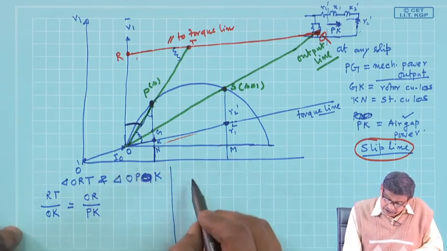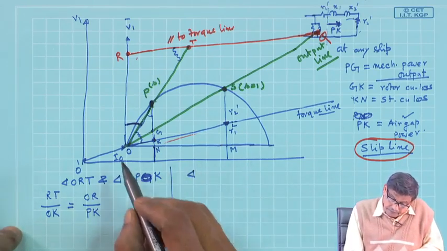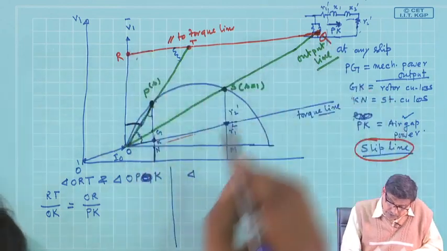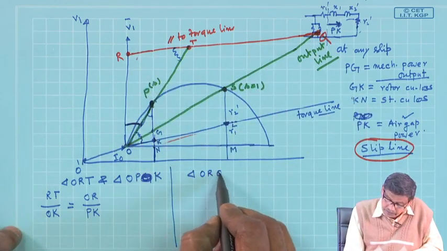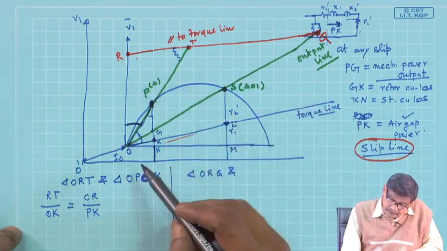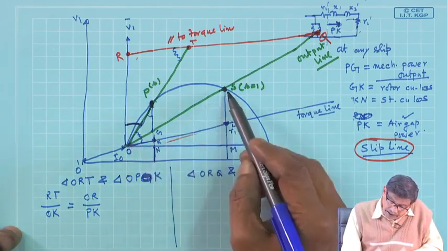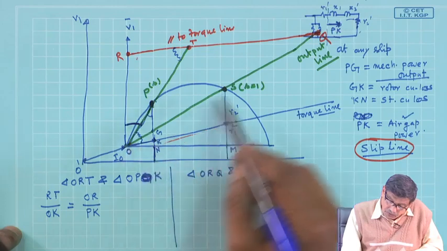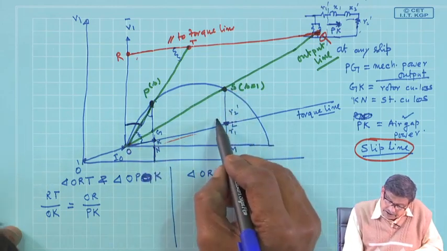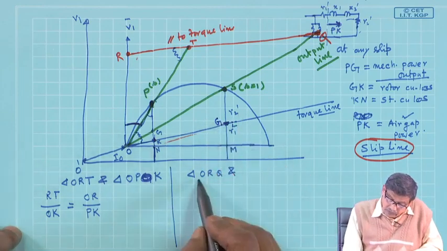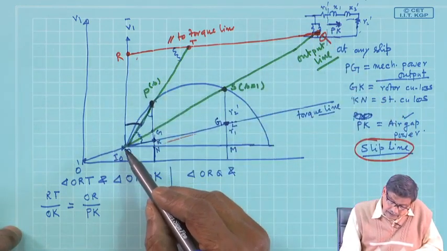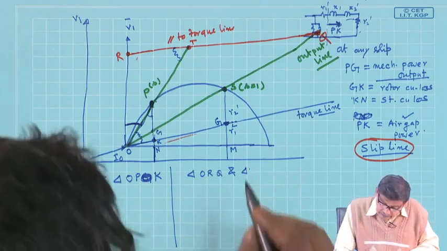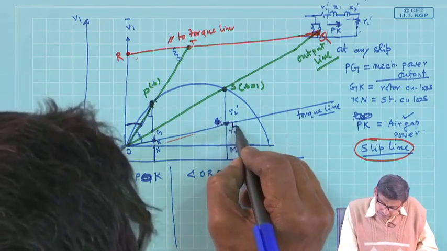In the same way, you now consider the big triangle corresponding to this line, ORQ, and triangle OSL. So, OS, this point may be called G. So, ORQ is this big triangle and OSL, this point OL I marked it.